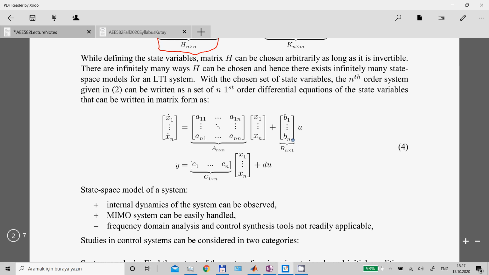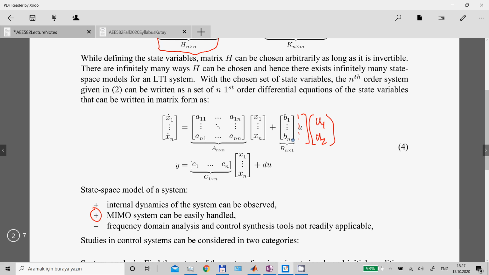And there's another huge advantage, which is that multi-input, multi-output systems can be easily handled using this representation. The reason is that if your input is a vector signal, if you have two inputs like that, you simply introduce an additional column into your B matrix.